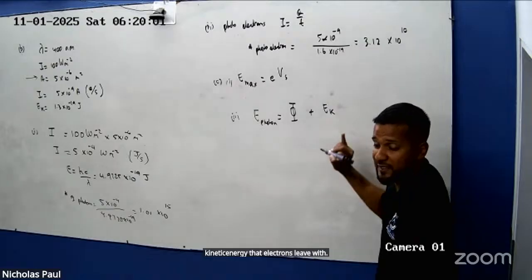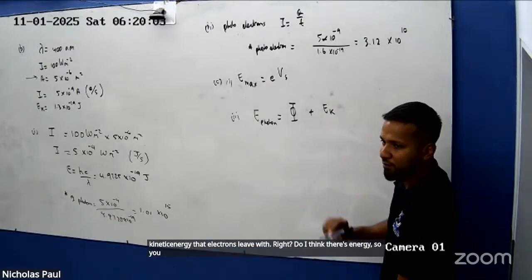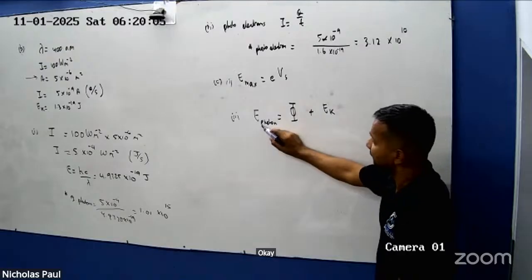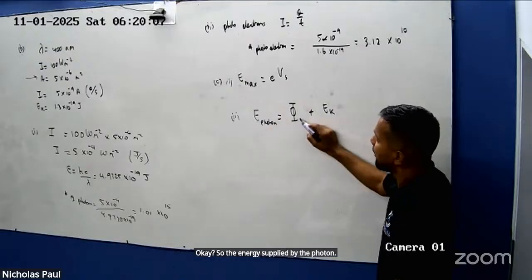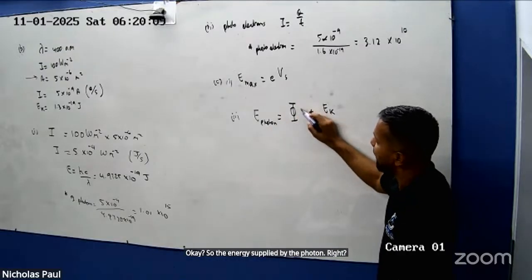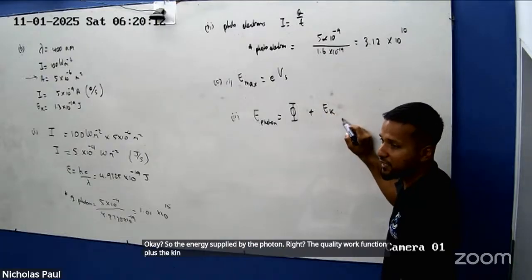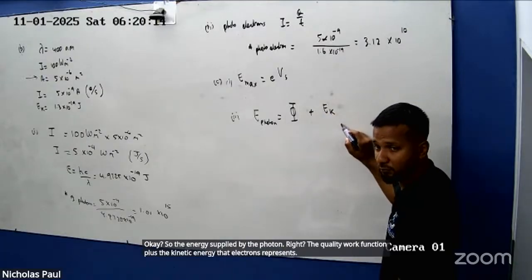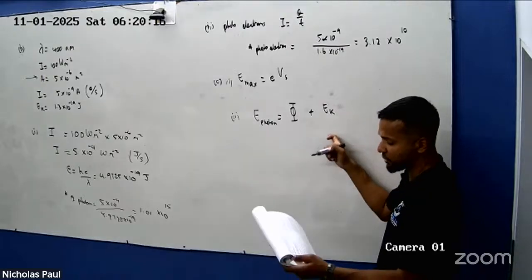Right? It's in terms of energy, so you don't have to write hf on there. Use this version, right?